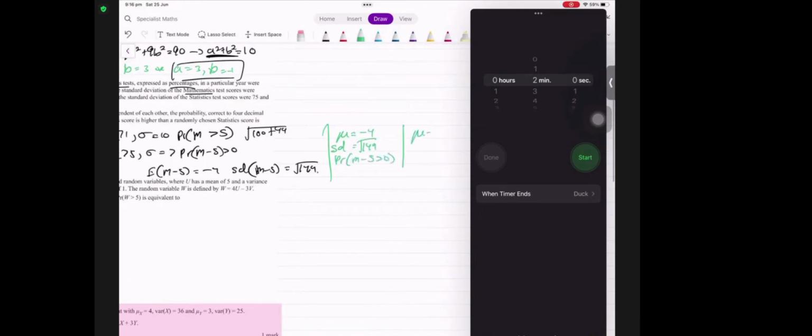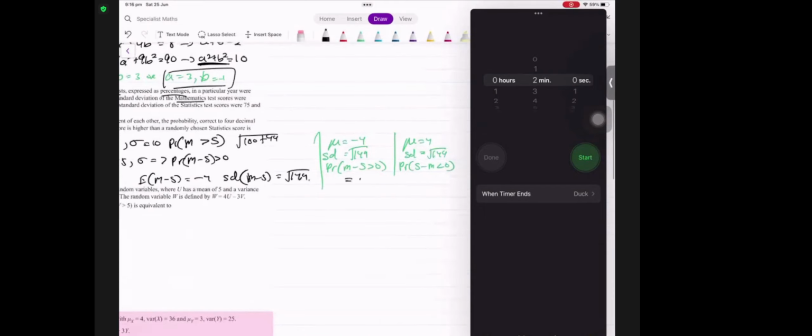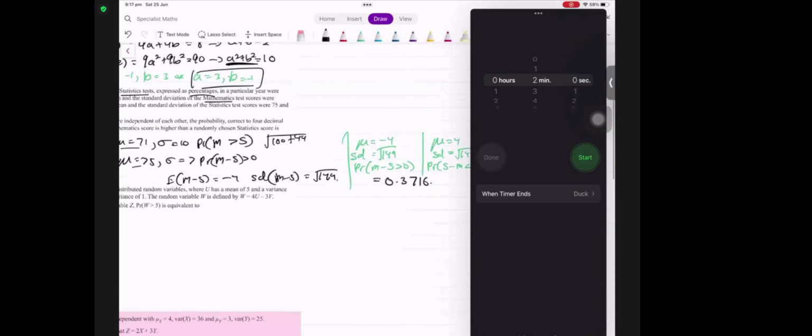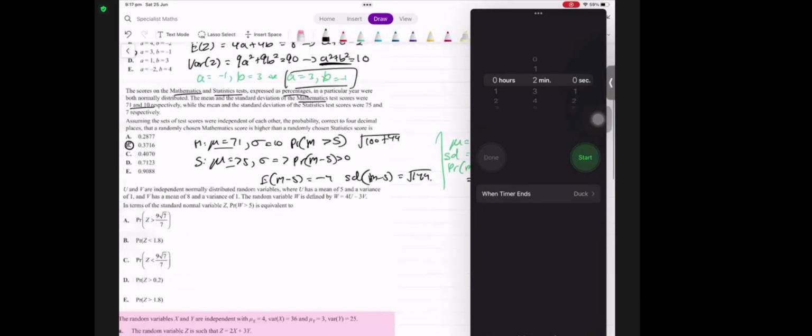Or you could have had your mean as 4, standard deviation still the same, but the probability would have been S minus M less than 0. Either of those syntaxes should give you 0.3716, and that answer is B. And yep, it is B.